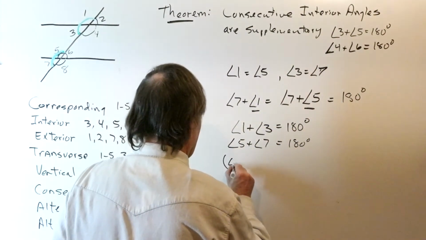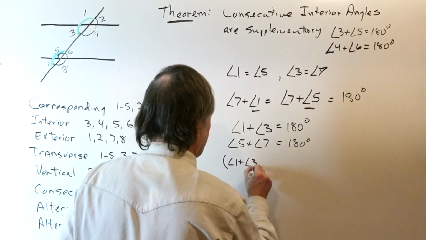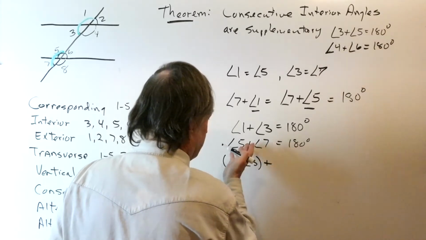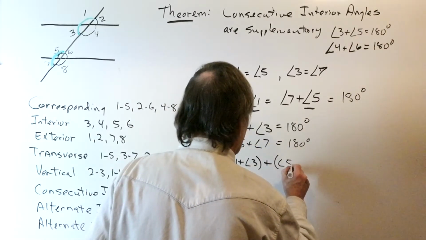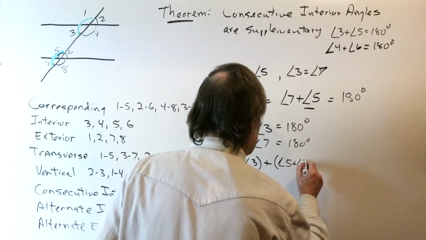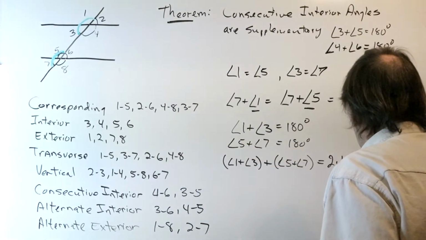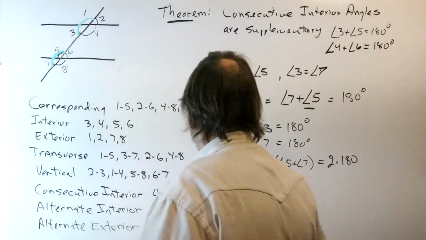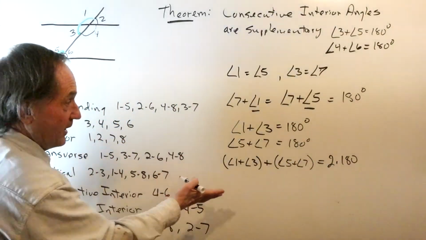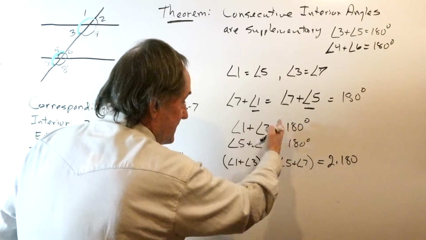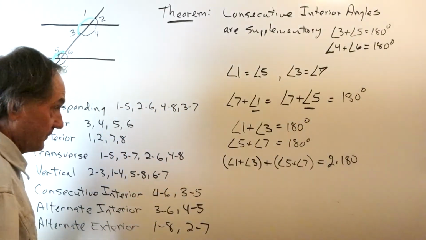So I've got angle 1 plus angle 3, and I'm going to add to it the left side here, which is angle 5 plus angle 7, and that is equal to twice 180 degrees. I can add two equations in this fashion. This is a basic algebra maneuver.